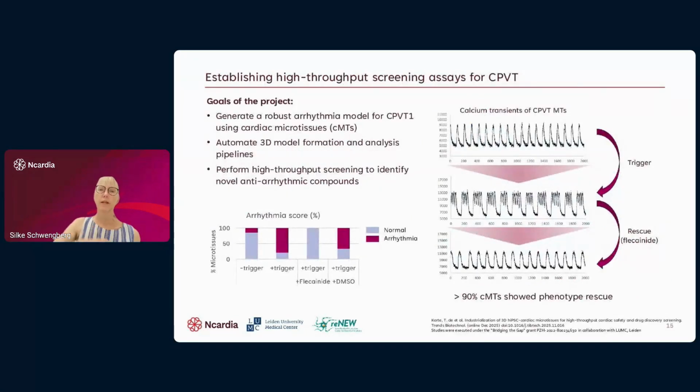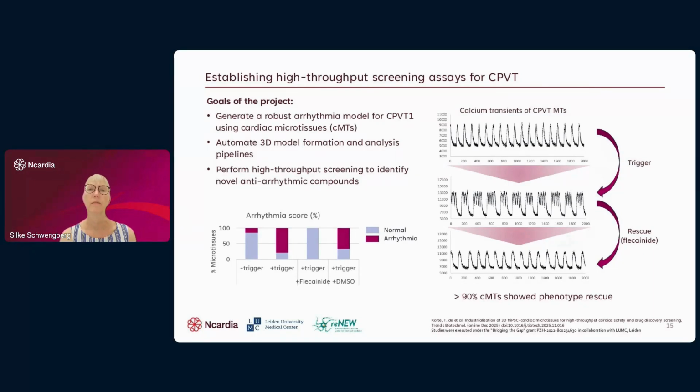So the goal of the project that we had with the LUMC was to generate a robust arrhythmia model for CPVT1 patients in cardiac microtissues. Then to automate the 3D model formation and the analysis pipeline. And then, as a last step, perform a high throughput screening to identify novel antiarrhythmic compounds, or at least compounds that have not been formally known in the context of the CPVT disease.